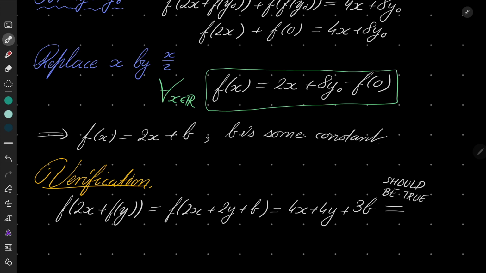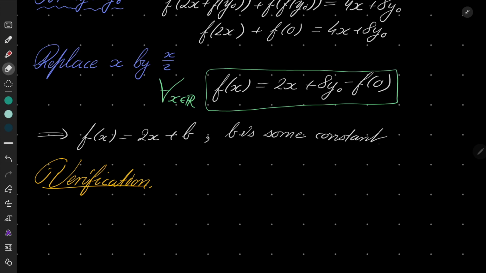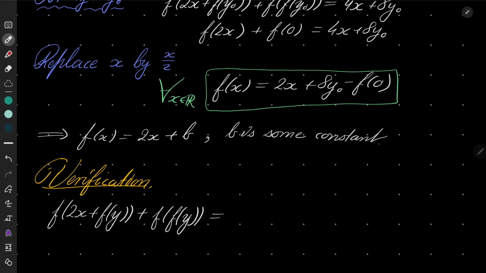Sorry, my bad, I have missed one part. On the left-hand side we now have f of 2x plus 2y plus b, plus f of y, which is 2y plus b.